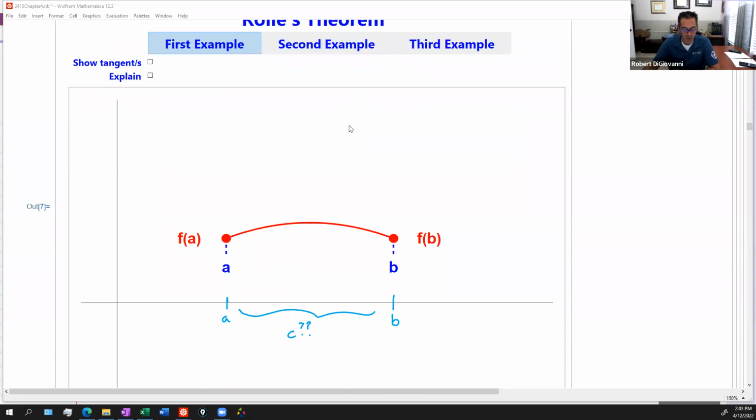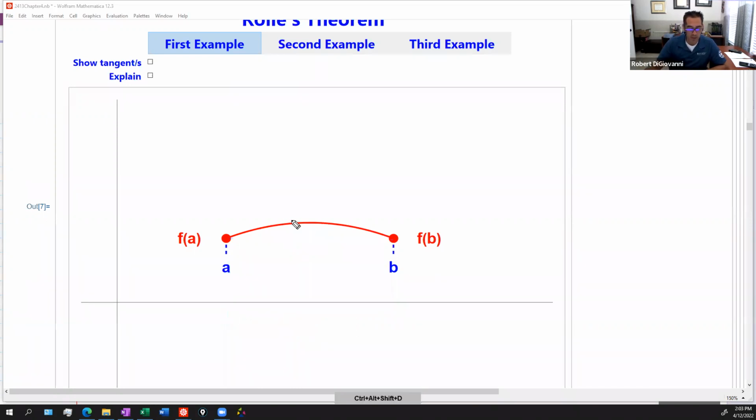So look at this visually. Do you all agree that if we connected these two endpoints together with a secant line, the slope of that secant line is 0? Yes? Rolle's theorem says, well, then there's got to be somewhere on your graph where the tangent line must also be 0. Do y'all see where it is? Right about there.